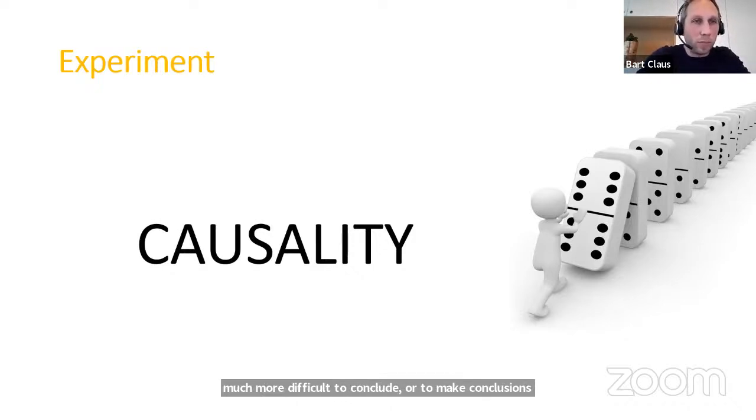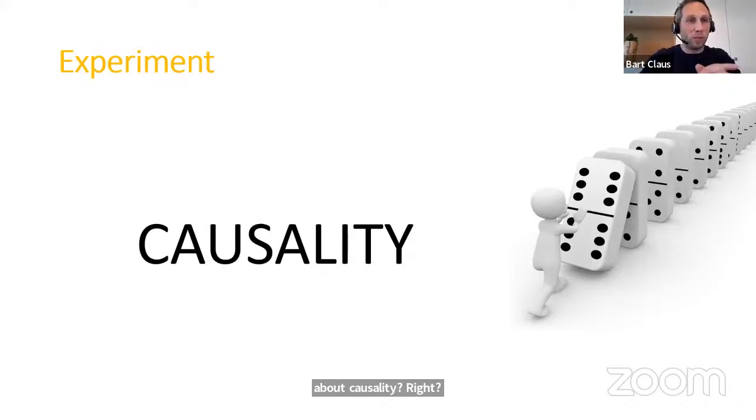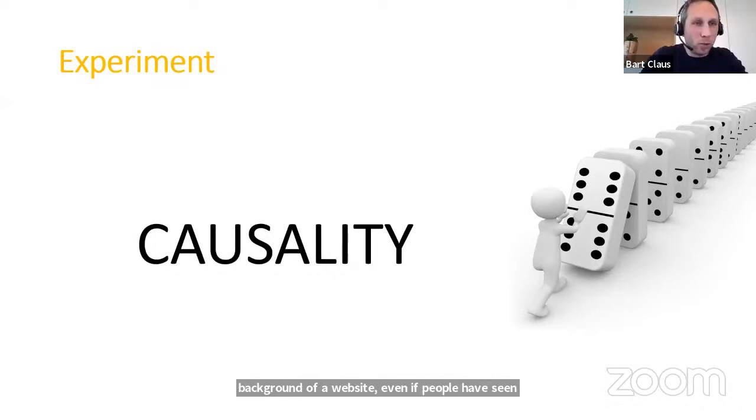Even if you talk about different groups, right? Even if you analyze a group of people that have seen a light blue background of a website and a dark blue background of a website, even if people have seen different versions, it's difficult to conclude that any difference in behavior afterwards is due to those changes if that data was not collected in an environment that was really controlled as an experimental setup, right?